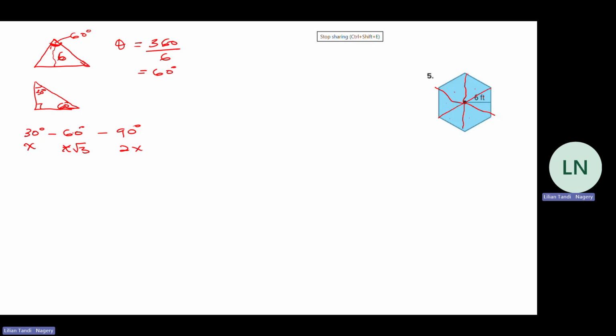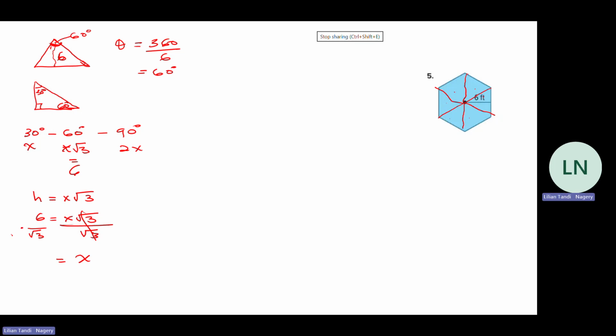What do I know? I know the height, which is 6. So height is equal to x square root of 3. 6 equals x square root of 3. So for x, I will divide both sides by square root of 3, and this goes away. In math, the square root can never be in the denominator, so you need to rationalize.